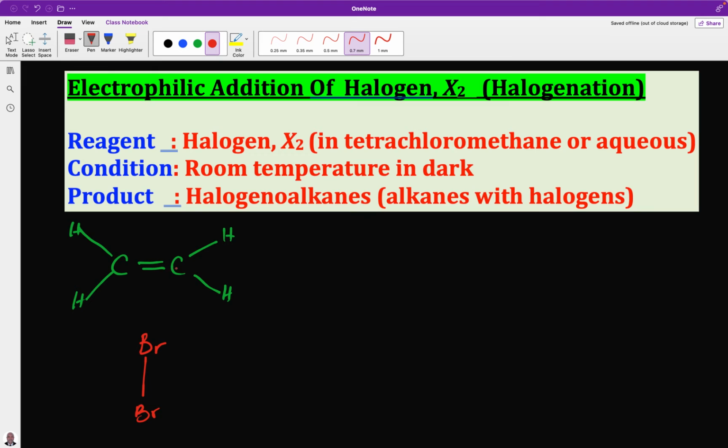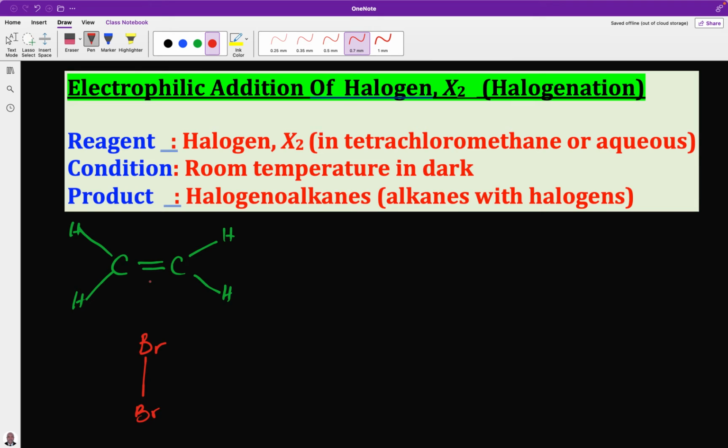The ethene molecule here, what makes ethene molecule to be attacked, as we mentioned in our previous video, the presence of the pi electrons here will cause a cloud of high electron density.